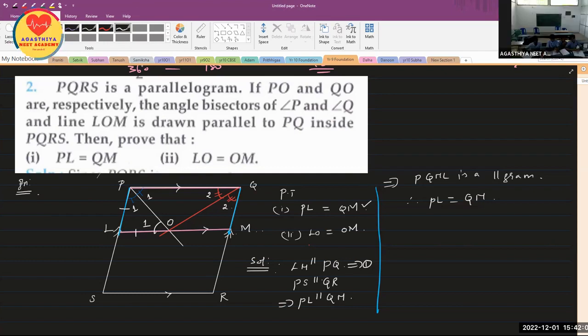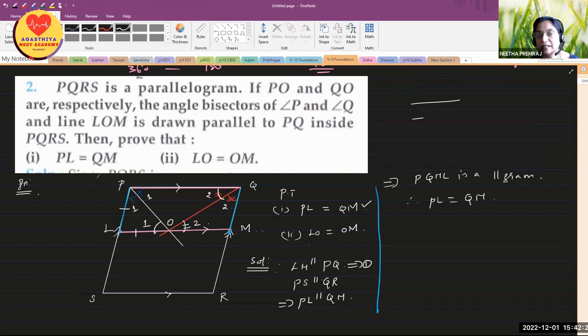Similarly here also, these two lines are parallel. So this is 2, which means this also must be angle 2. PQ and LM are parallel lines and OQ works like a transversal, so if this is 2, this also must be 2, isn't it?